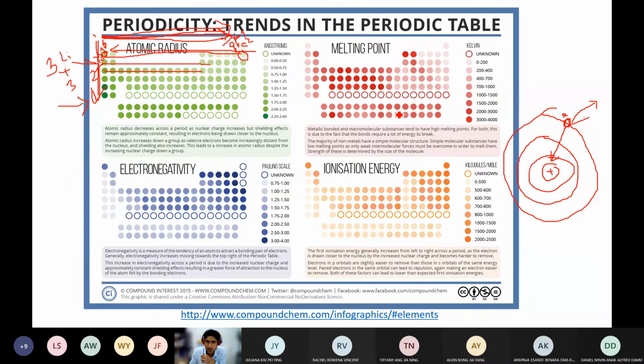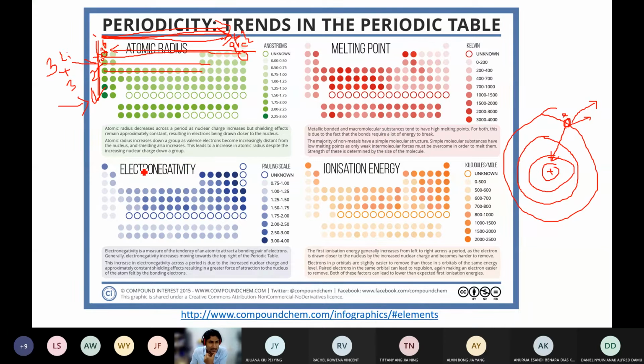How much energy do I need to provide to that atom so that it releases this electron? That is called the ionization energy. And ionization energy is positive always because you have to provide the energy there.